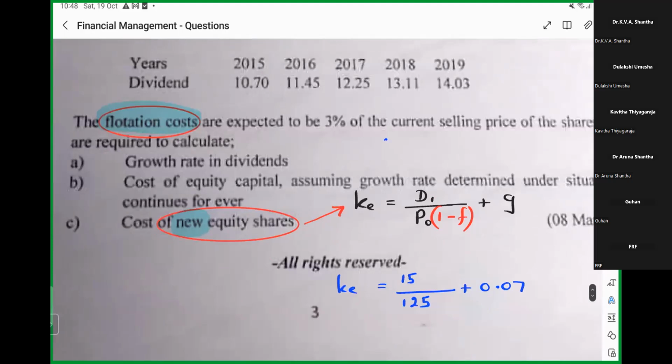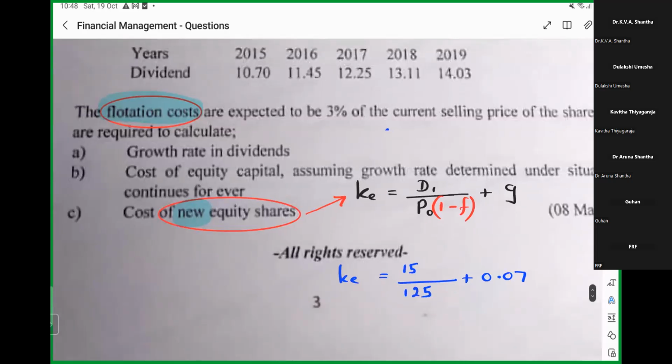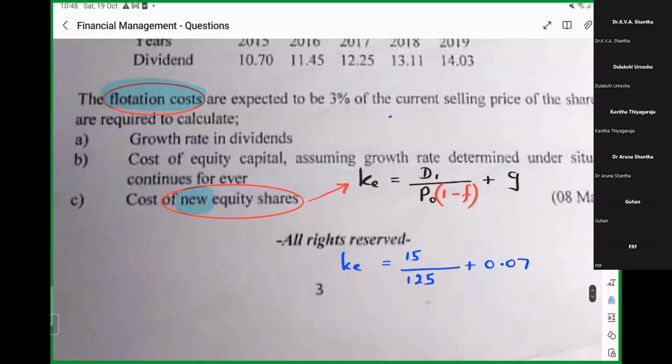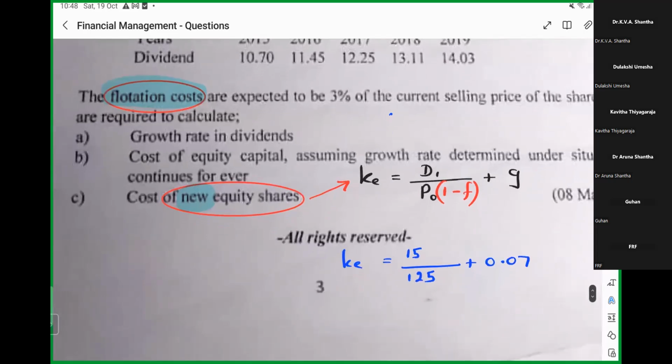Yes. So price multiplied by 1 minus 3%. Price 125, 1 minus 3%. This is how you adjust. You can now calculate the cost of new equity shares.